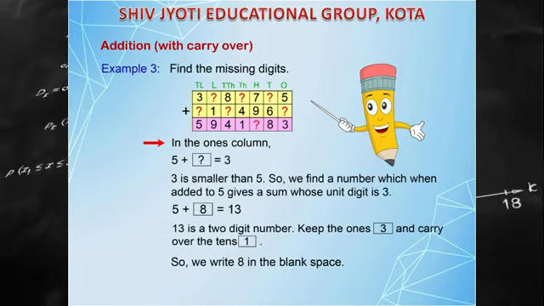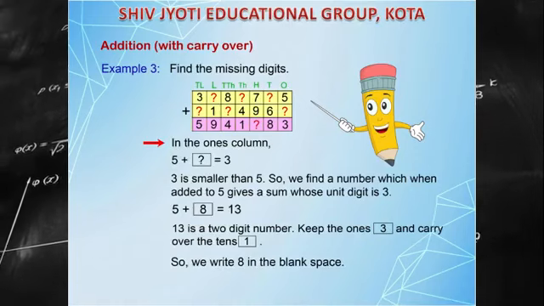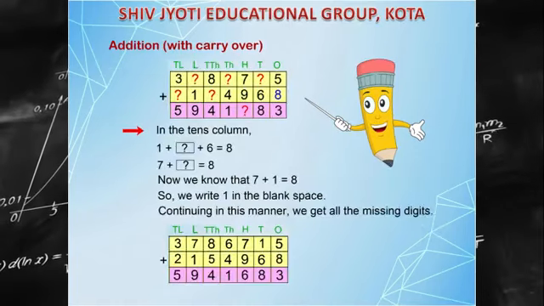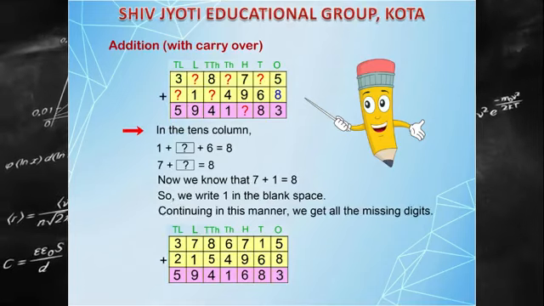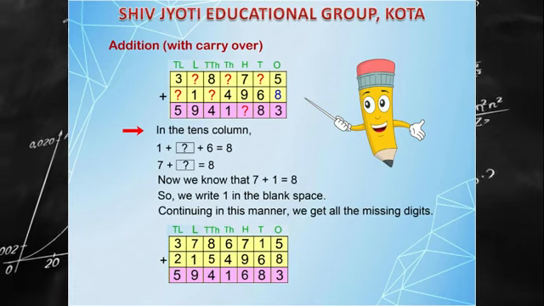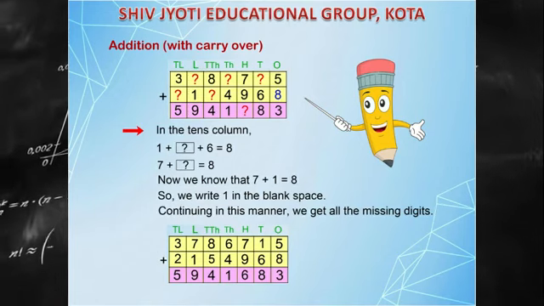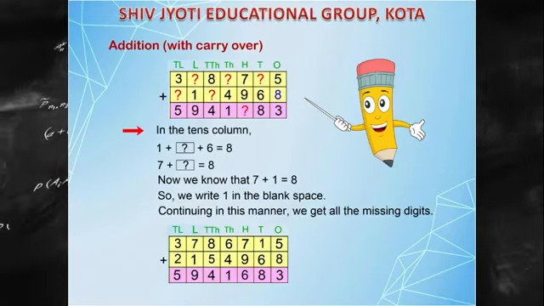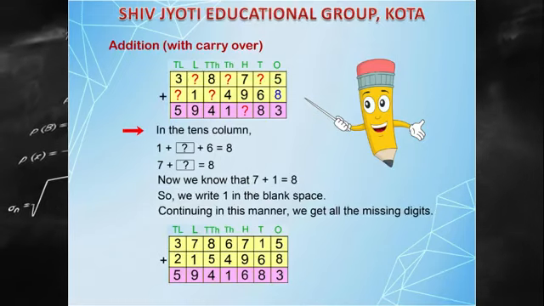Keep the ones 3 and carry over the tens 1. So we write 8 in the blank space. In the tens column, we know that 7 plus 1 equals to 8. So we write 1 in the blank space. Continuing in this manner, we get all the missing digits.